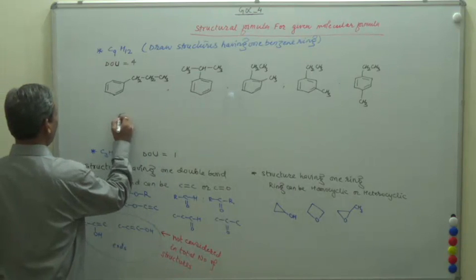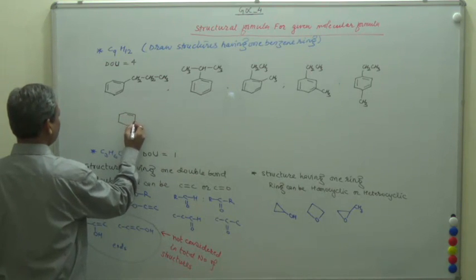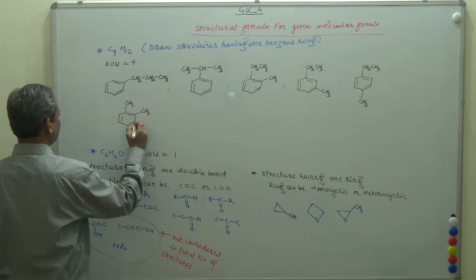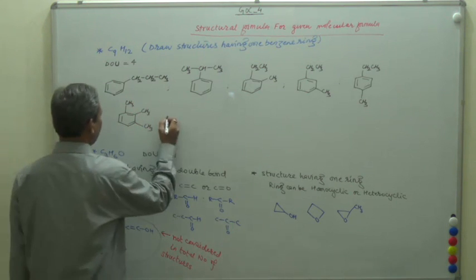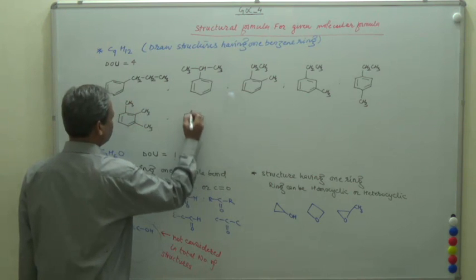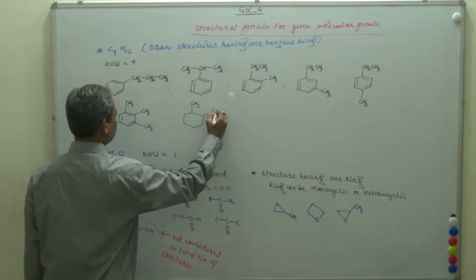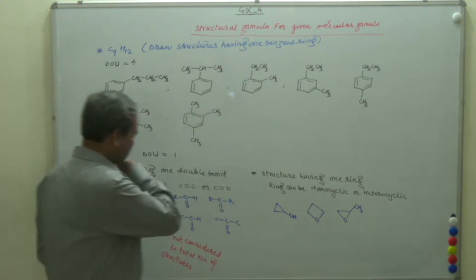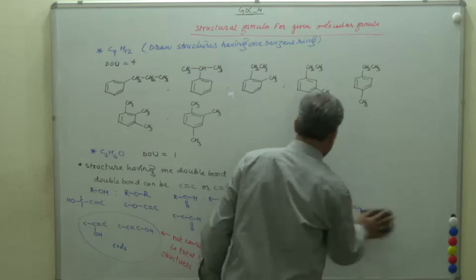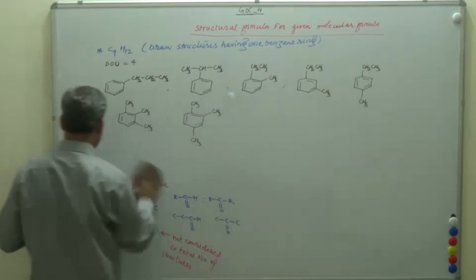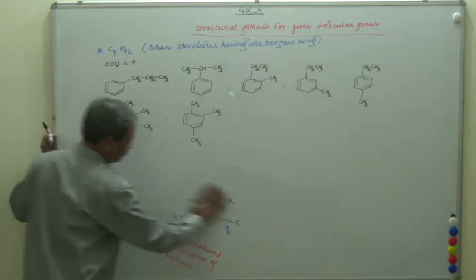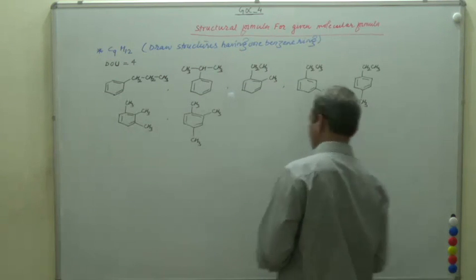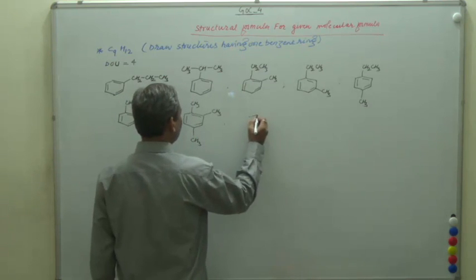Now we have to place 3 side chains. This is the first possibility, to place 3 side chains. This is the second possibility for a structure with 3 side chains. Now one more structure can be drawn.